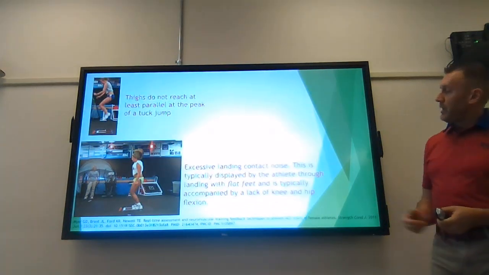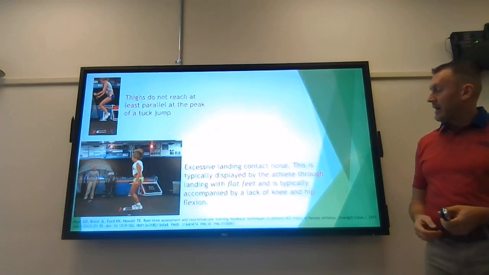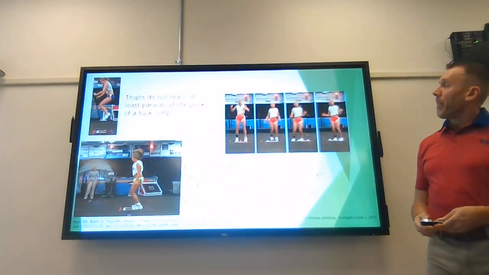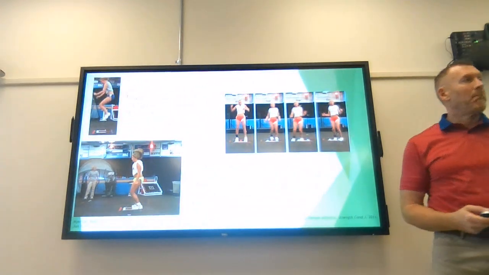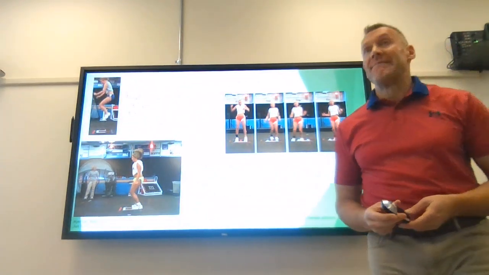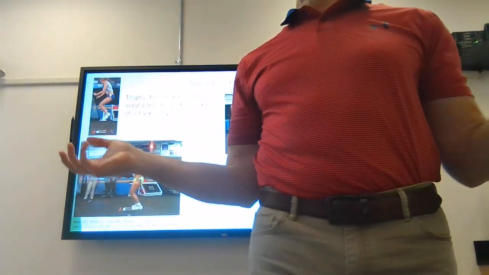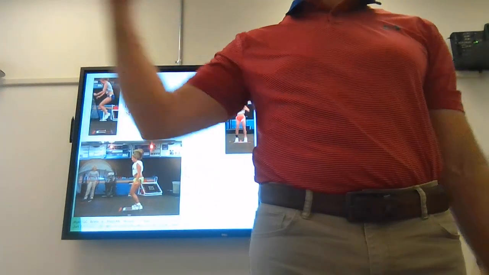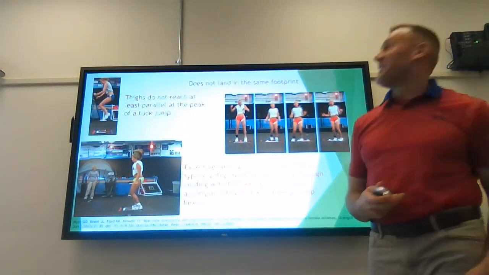This is typically displayed by the athlete landing with flat feet and is typically accompanied by a lack of knee and hip flexion. The other one: does not land in the same footprint. What does that mean? How many of you, when you first tried the Just Jump mat, took off from the mat and landed somewhere else? That's what it means.